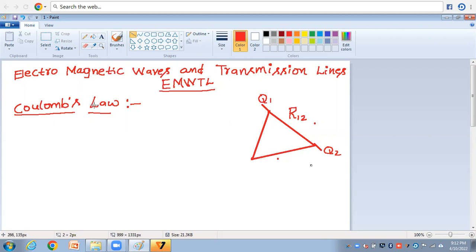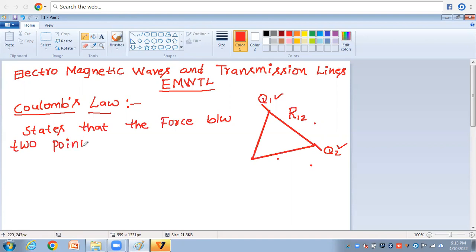Now, Coulomb's law states that the force between 2 point charges Q1 and Q2 has 3 important considerations.